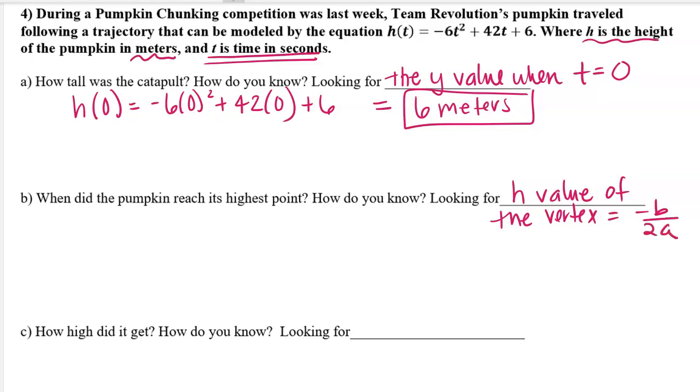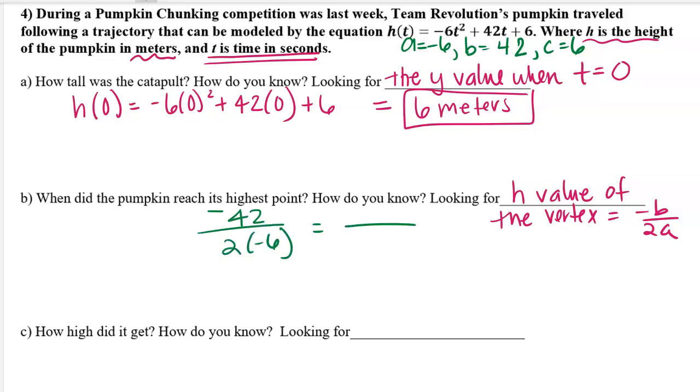For our problem 4, Devin, what does A equal? Good. B equals? C equals? Beautiful. We're going to plug it in. So negative B divided by 2 times A. That means we have negative 42 divided by 2 times negative 6. So Cam, what's 2 times negative 6?